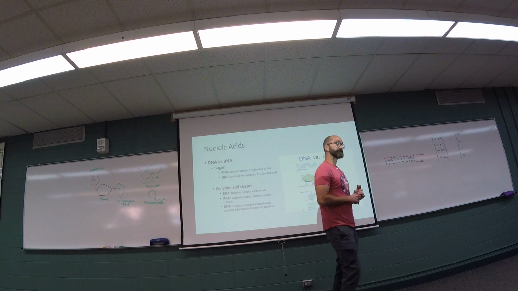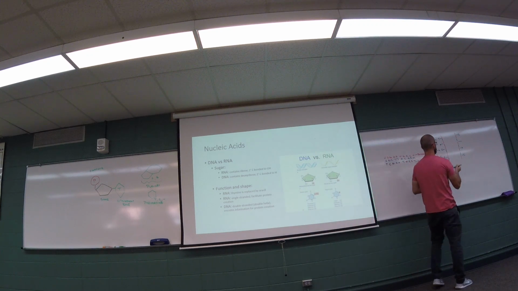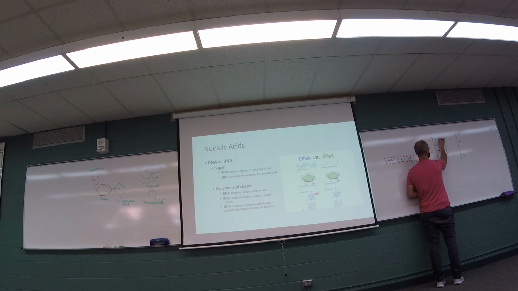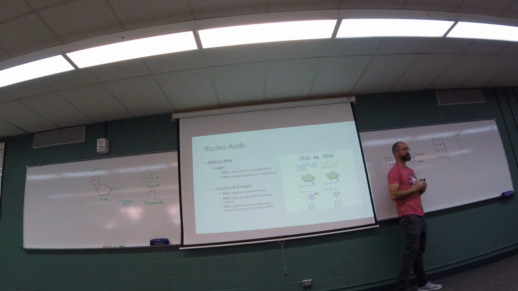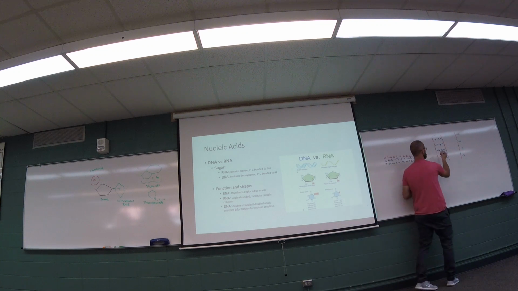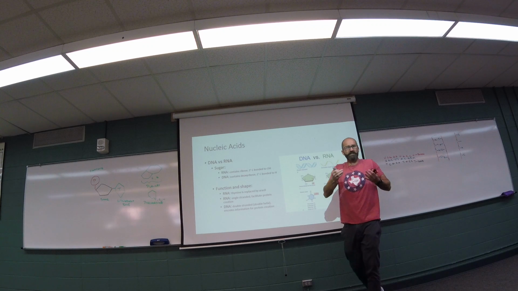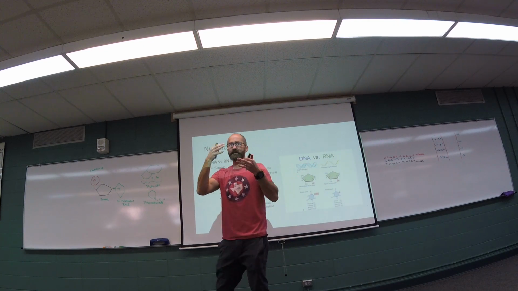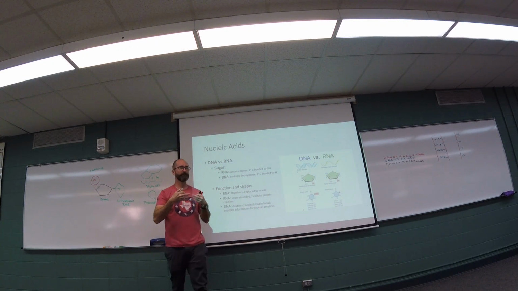Between A's and T's, we form two hydrogen bonds. But between G's and C's, there are three hydrogen bonds, like that. And it's really just hydrogen bonding that's holding complementary strands of DNA together.